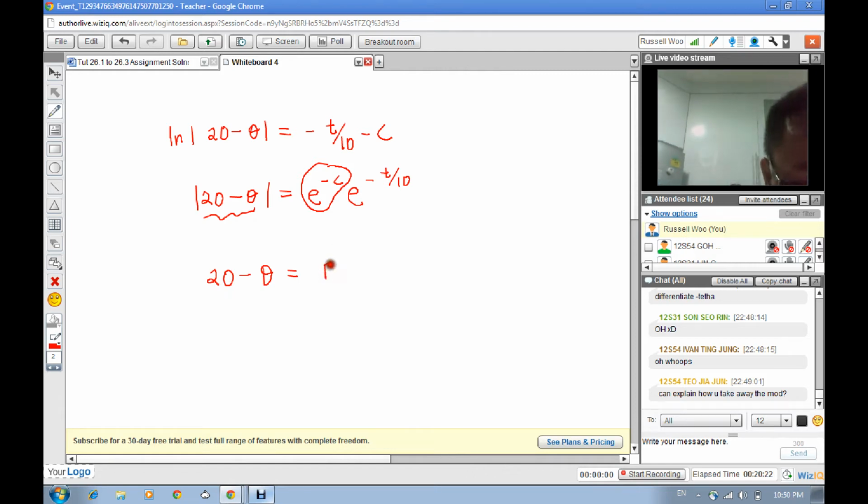So it can either be b e to the negative t over 10 or negative b e to the power negative t over 10.